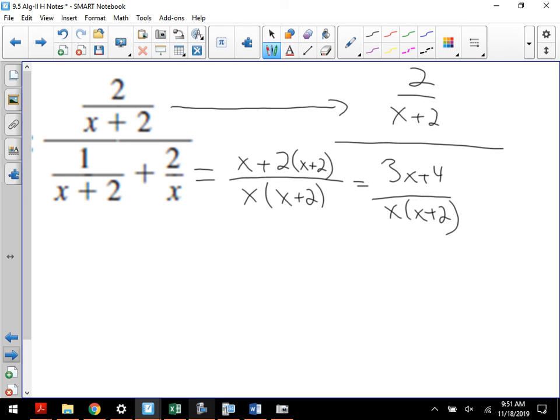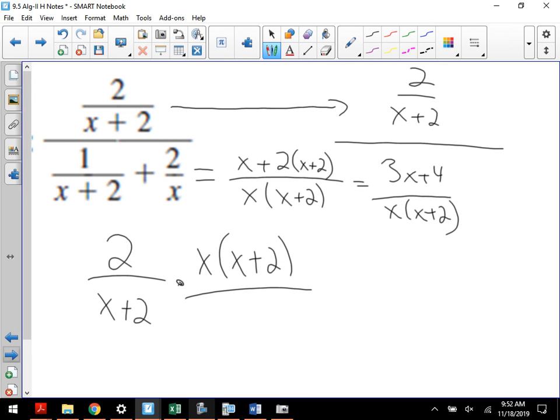Keep, change, flip. What simplifies? Your x plus 2's.